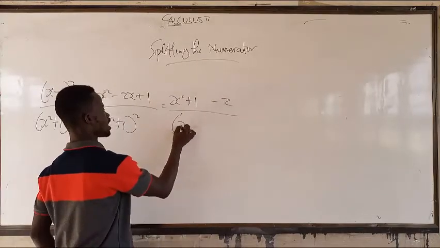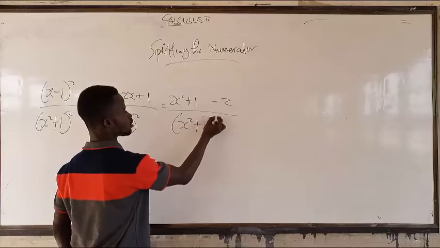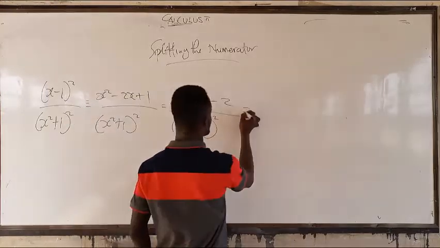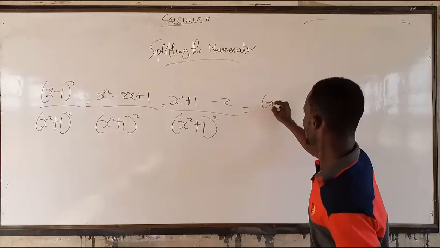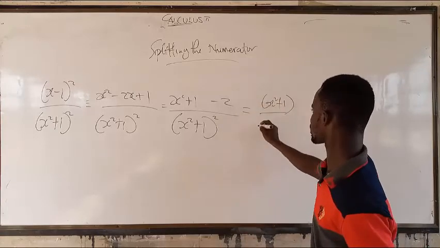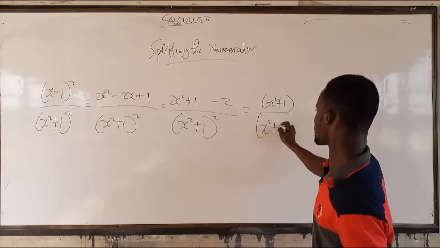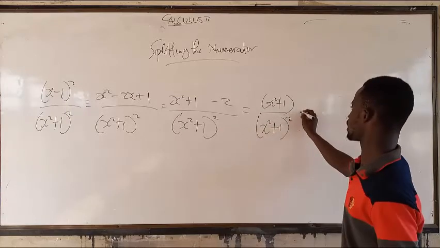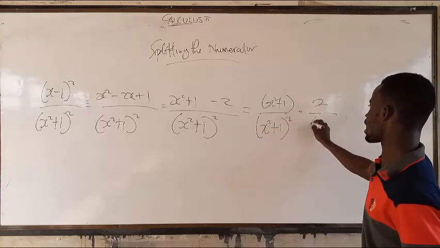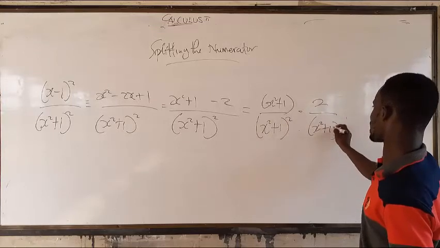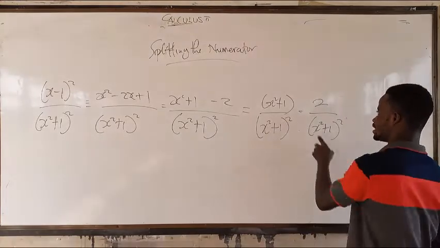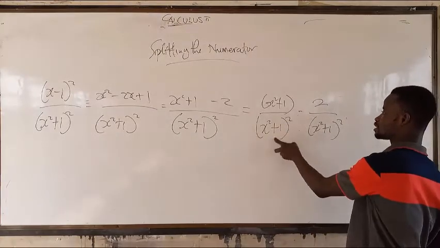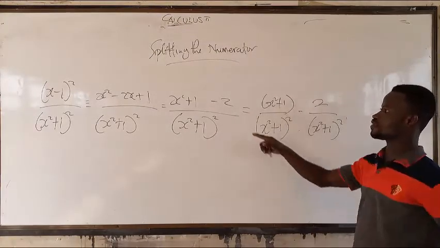All this over (s squared plus 1) all squared, which is the same as (s squared plus 1) over (s squared plus 1) all squared, minus 2 over (s squared plus 1) all squared. They are the same thing. If they are sharing the same denominator, then we get the same thing.